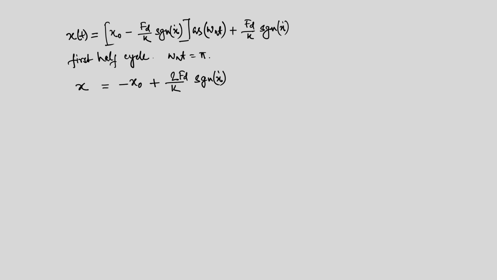So, that means if you look at this displacement, it is actually reduced by how much? By 2 times f d by k. So, in a half cycle it is reduced by twice f d by k.